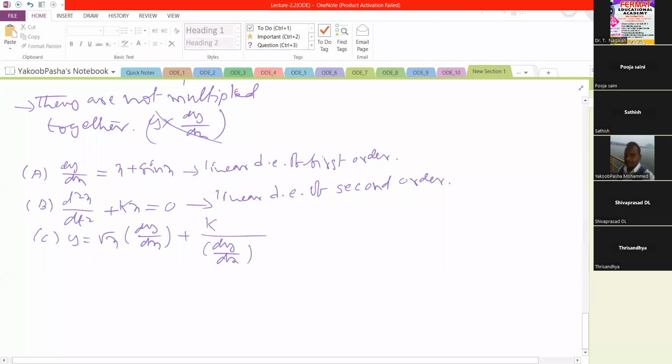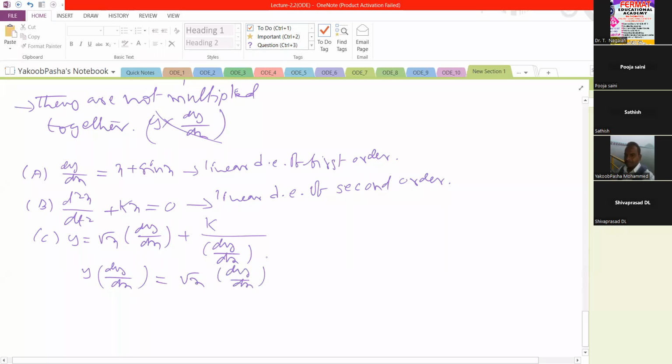Here we can write this as y dy by dx, which is the product of the dependent variable and derivative, and root x into dy by dx whole square. Here degree is equal to 2, so it is a non-linear differential equation.